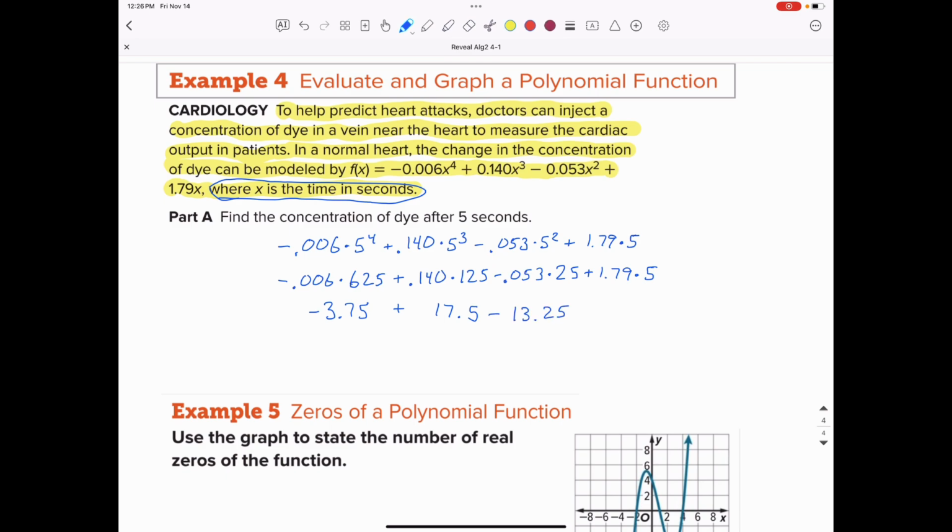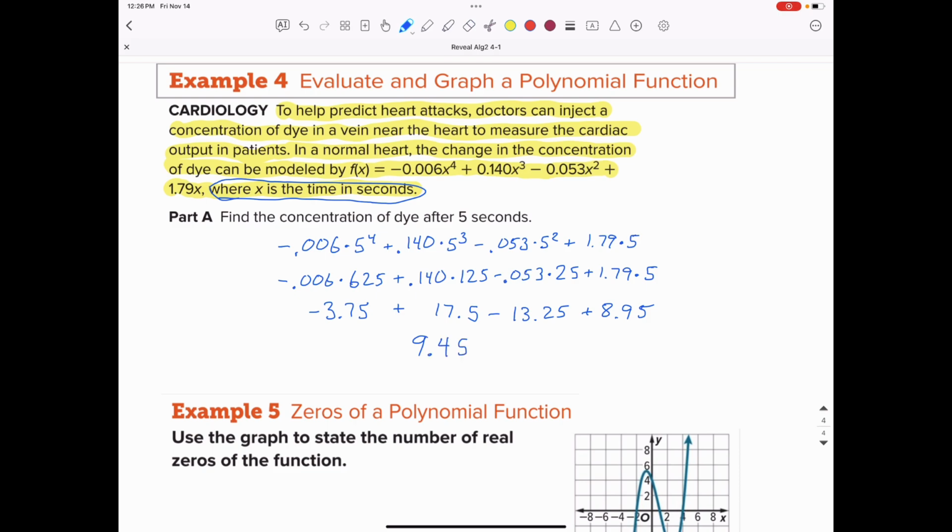And then finally 1.79 times 5, and that is going to give us a positive 8.95. And then finally we add and subtract all of those numbers, negative 3.75 plus 17.5 minus 1.325 plus 8.95, and that is going to give us 9.45.